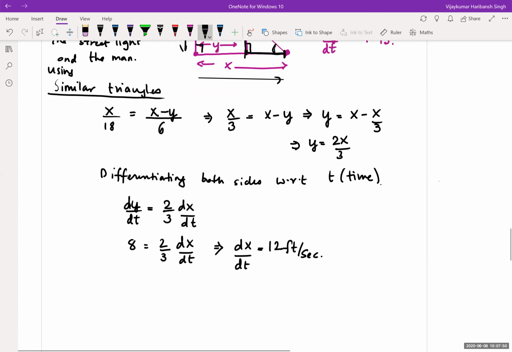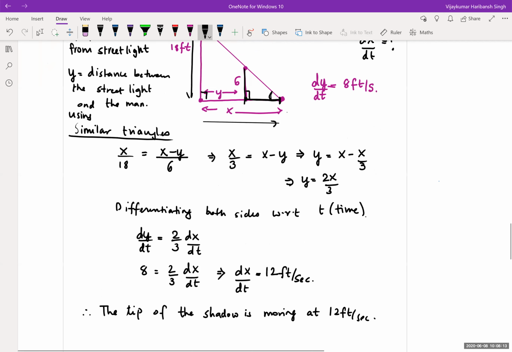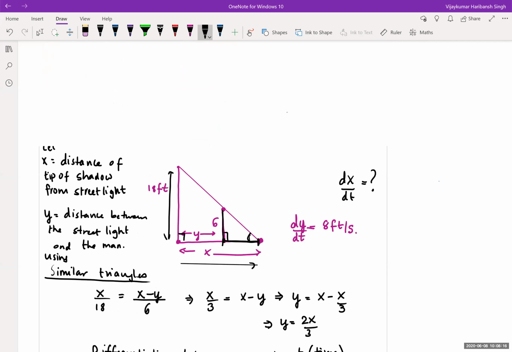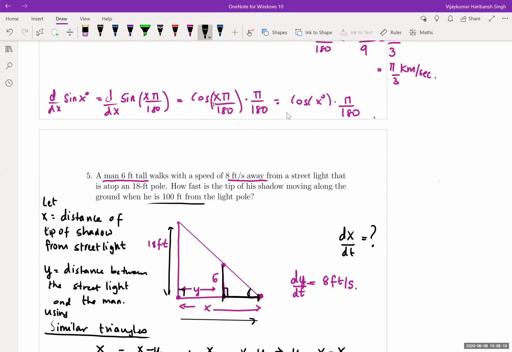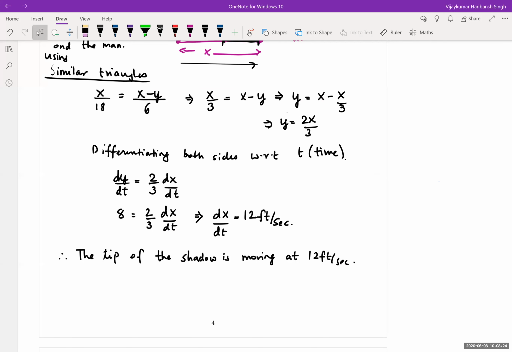Therefore, the tip of the shadow is moving at 12 feet per second. Okay, so that's the whole idea. That information was not used here, but most of the time you will be using all the information given to you.